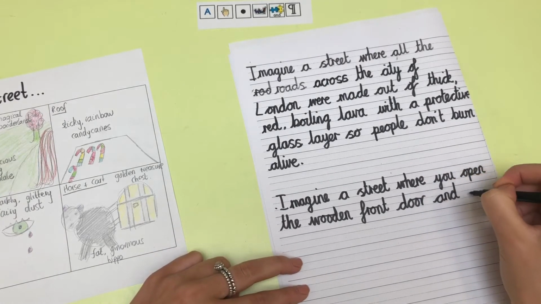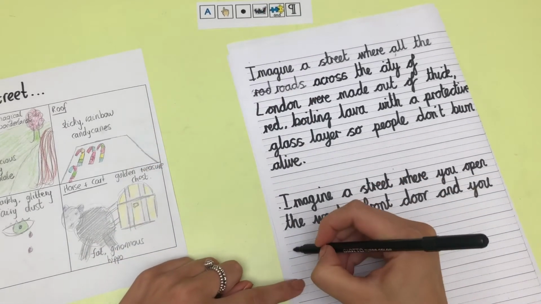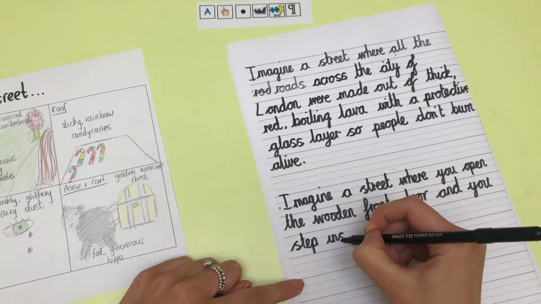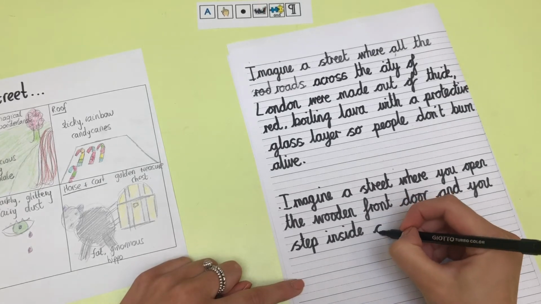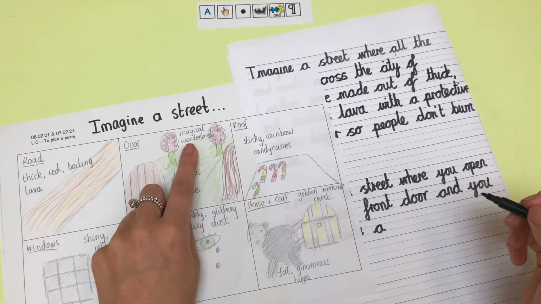So we've got my conjunction there, and you step inside, and I'm going to go back to my plan, a magical wonderland.